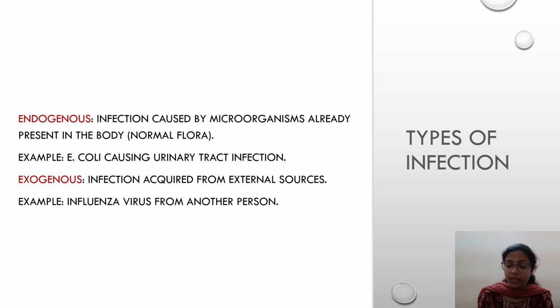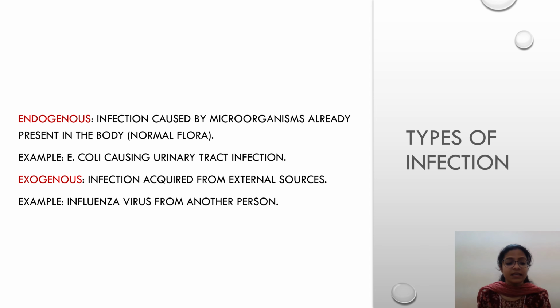For example, E. coli is normally found in our gut, but if it enters the urinary tract, it can cause a urinary tract infection. So it is an endogenous infection.